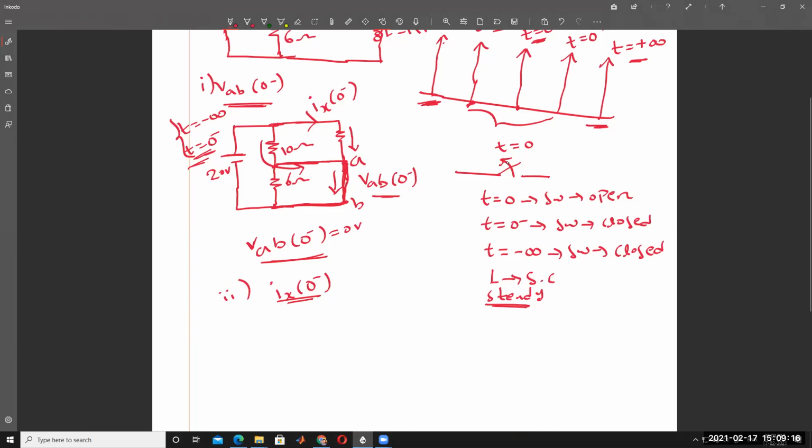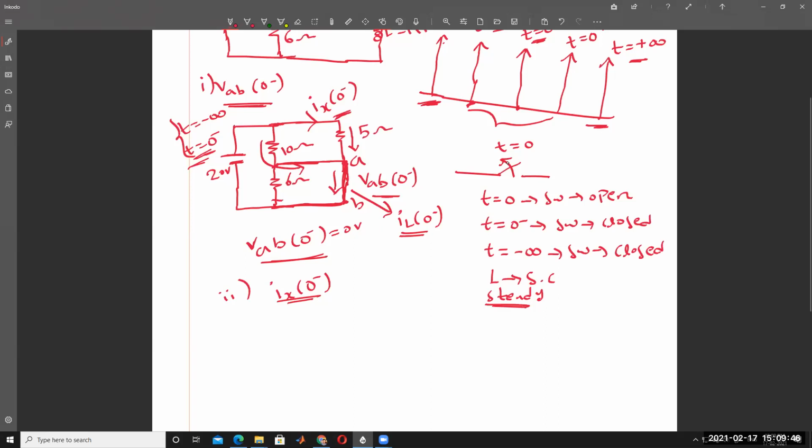So what is this here? An inductor. Here one inductor is there. So this current is called IL of 0 minus. Am I right? This current is called Ix of 0 minus. So here 20 volts. This 20 volts is connected in parallel to the 10 ohm resistor and the 5 ohm resistor.